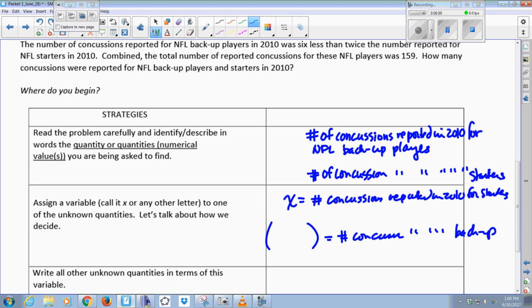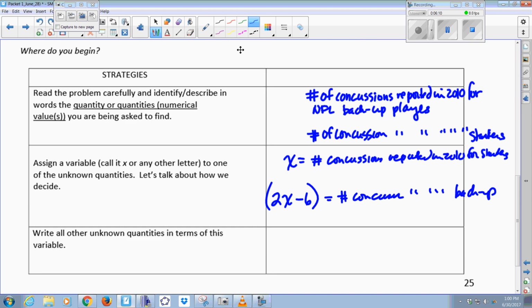I know that it's not exactly double, twice x, it's a little less, it's 6 less. So now I have defined my other unknown quantity in terms of this variable x, in terms of the number of concussions that were reported for starters.